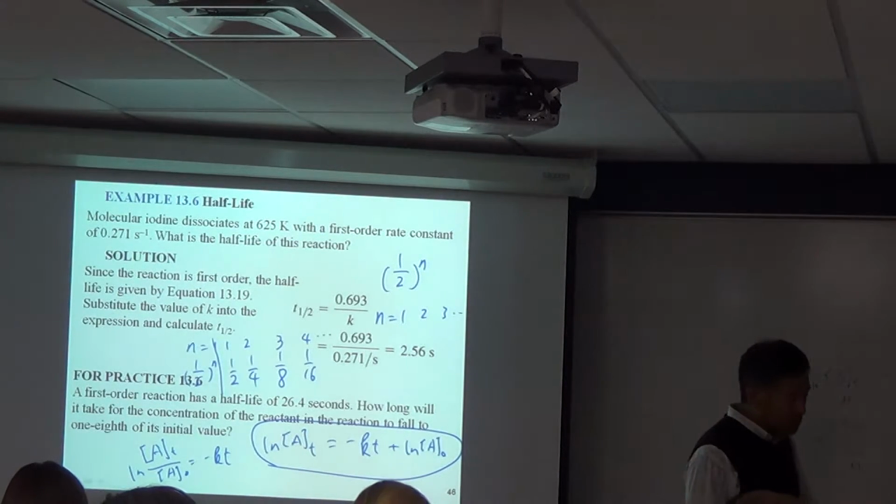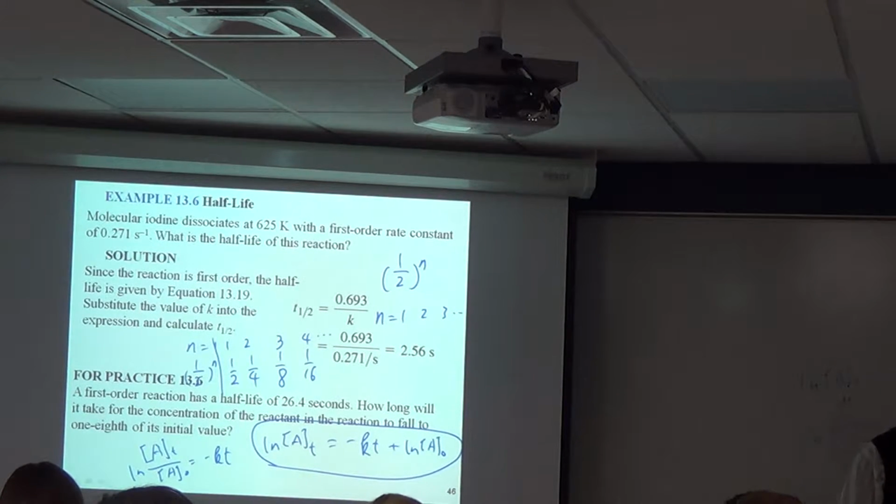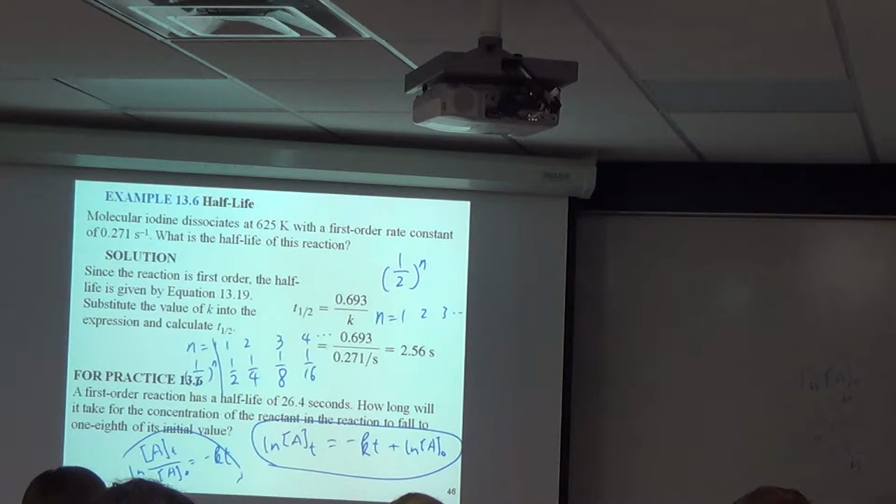If I ask you this kind of question, it's very good to think about using this equation. Then you will see where I get the k, from the half life. In order to use this equation to find t, you need the k. Let's do a practice.